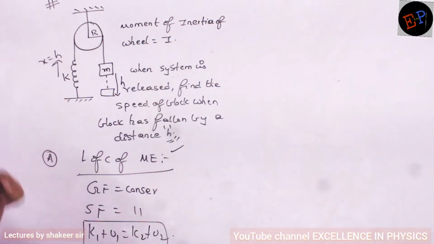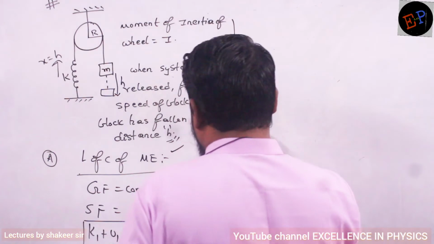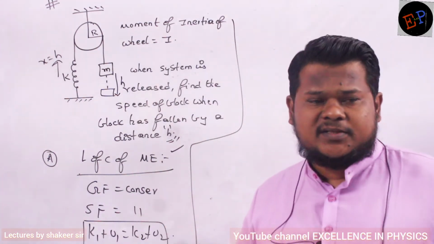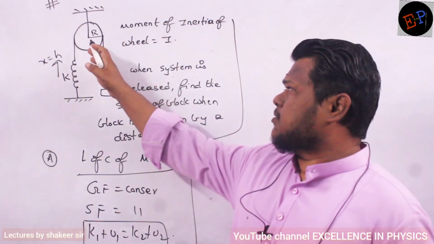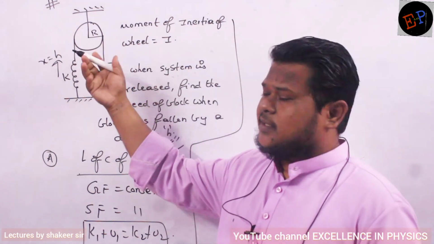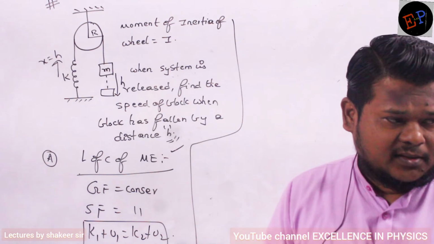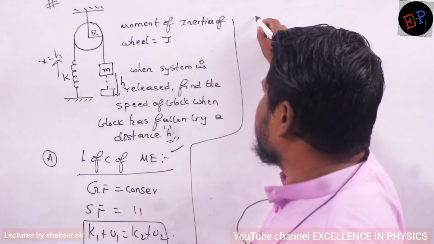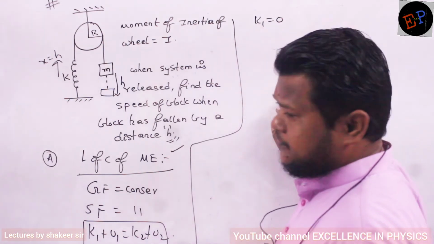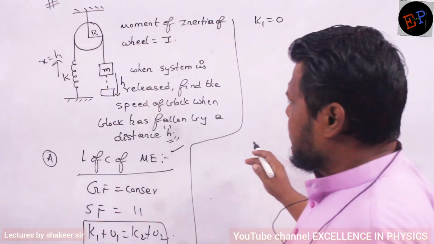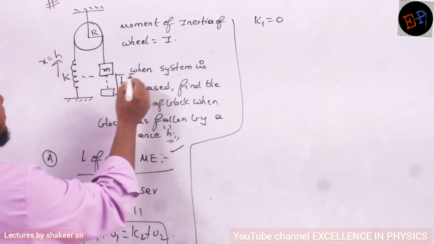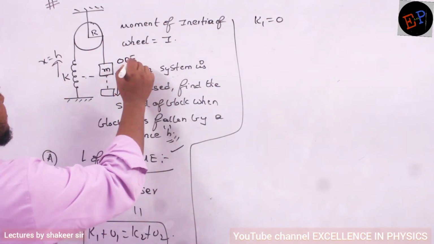Okay. Now let us do the calculation. So what is K1? Initial kinetic energy. Before this mass is released, this pulley does not have any kinetic energy, mass also does not have any kinetic energy immediately when I release the system. So initial kinetic energy is how much? K1 is equal to 0. Clear now? Similarly, let us take this reference to be the zero potential energy reference.